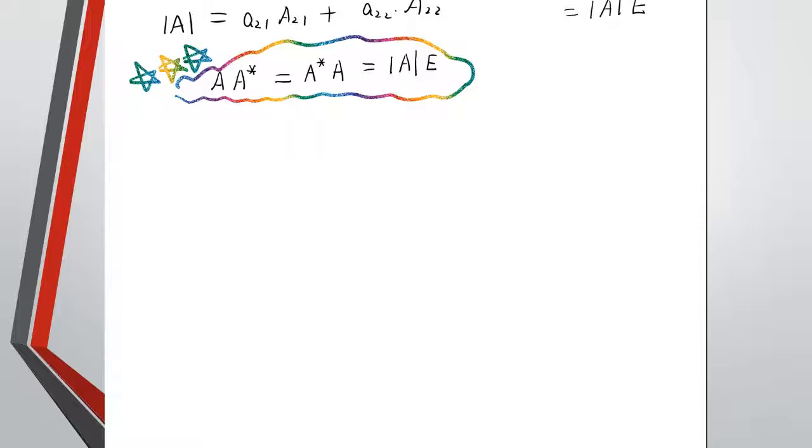Alrighty, so after we understand the definition of a concept, now we have to discuss its corresponding properties. So now let's look at the commonly used properties for the adjoint matrix. Okay, so let's talk about the properties.